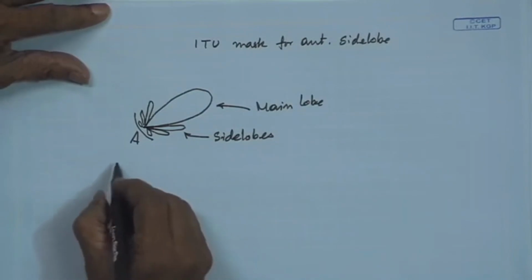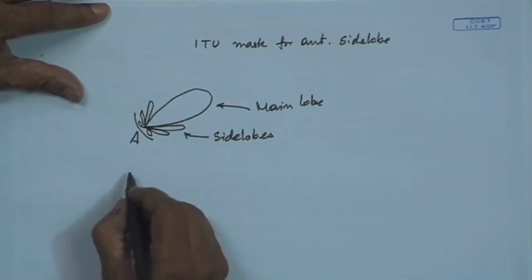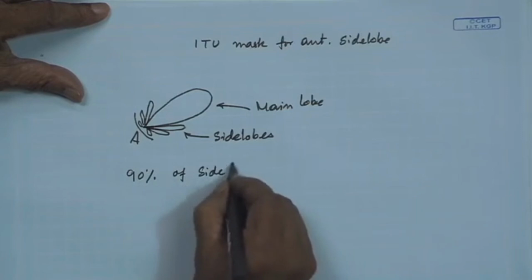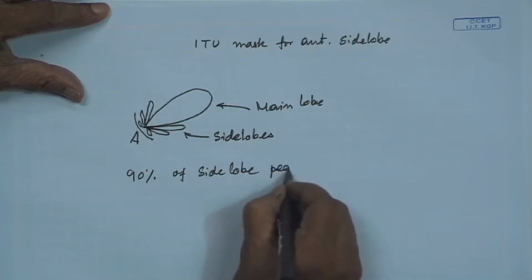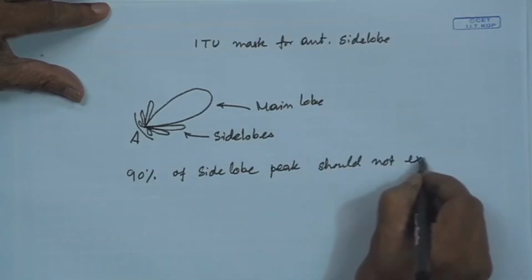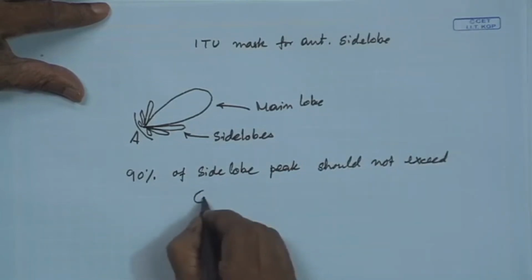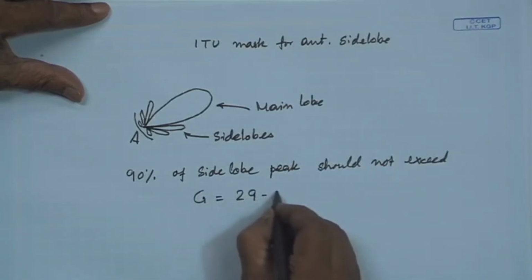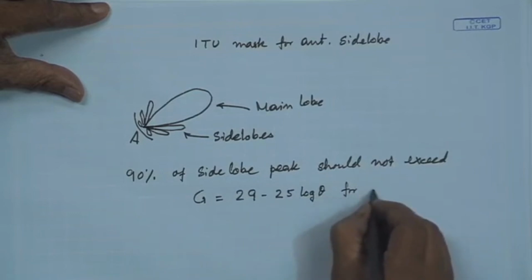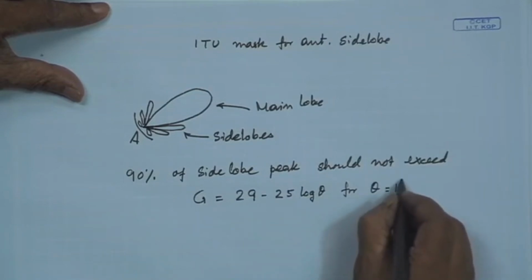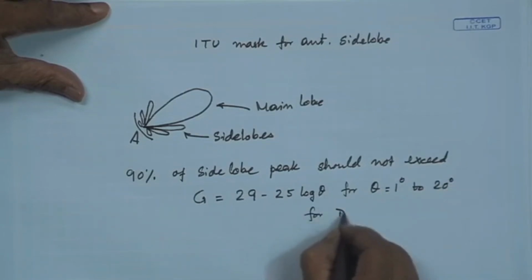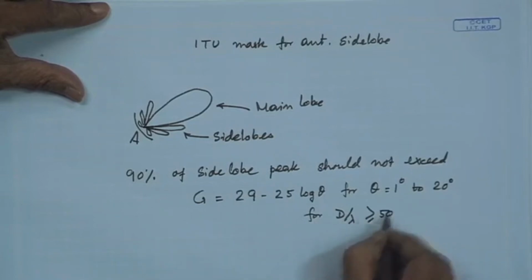So, ITU says that side lobes should be restricted such that 90% of the side lobe peaks should not exceed this relation: G is 29 minus 25 log theta for theta equal to 1 degree to 20 degrees, and for D by lambda greater than 50, for larger stations.